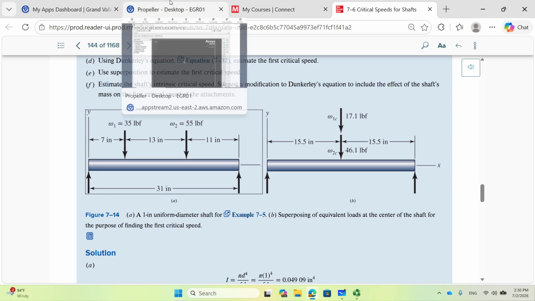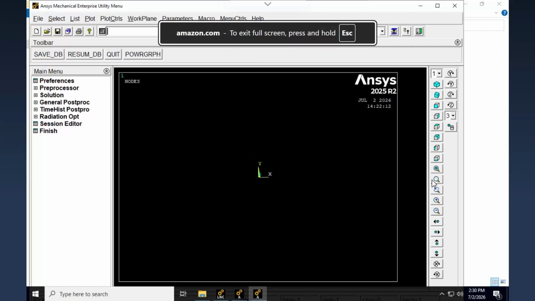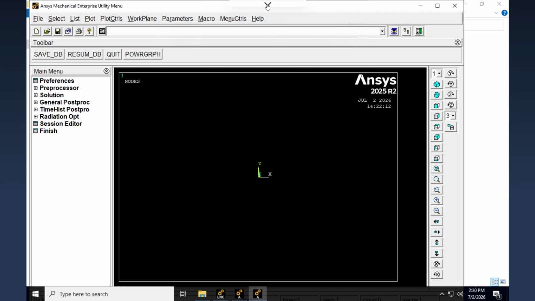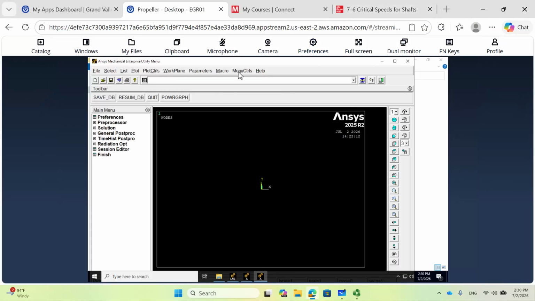First, as I said, I'm going to use ANSYS APDL. I have it already opened here. By the way, I forgot to say, if you want, you can use ANSYS directly and find the natural frequency.